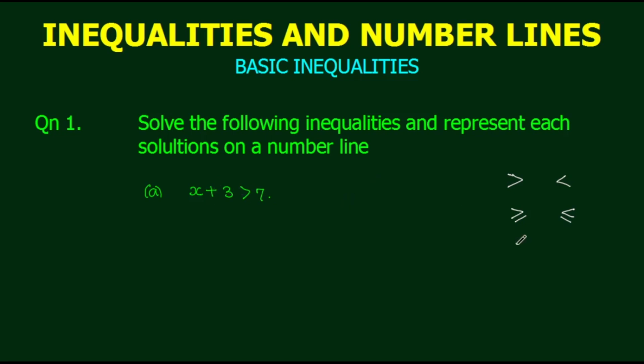And then the third one is if you are dividing by a negative number, or multiplying with a negative, you have to reverse the sign to the opposite. So the opposite of greater than is less than, and the opposite of greater than or equal to is less than or equal to. So those are basic rules that we need to apply when solving inequalities of this nature.